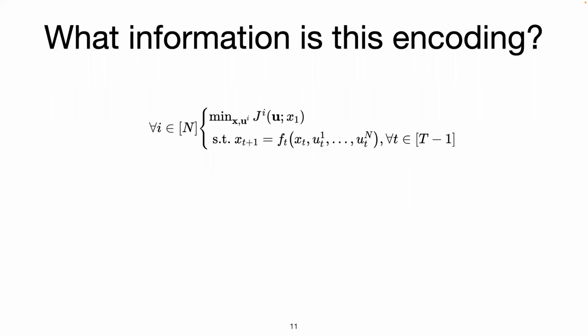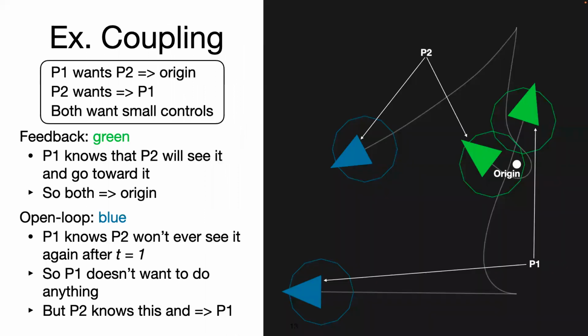So if there's anything that breaks that equivalence, then there becomes a difference between feedback and open loop. And that's exactly what's happening in the game case here. So here there's another player, and the actions of the other player are not observed. So the actions of the other player can perturb the state of the game. And if a particular player doesn't see the state at time t, then they have no way to know what the other player did.